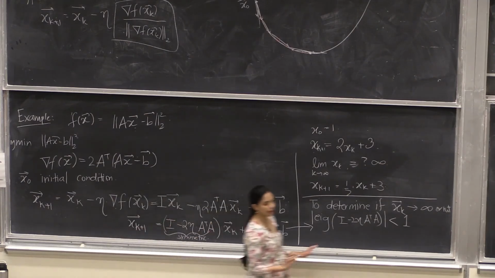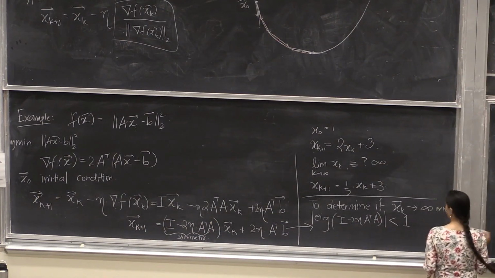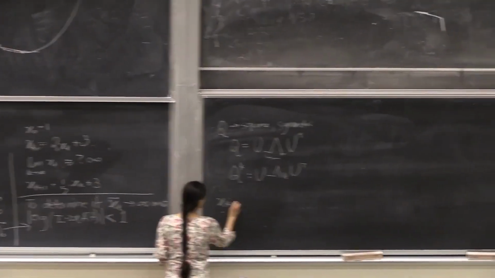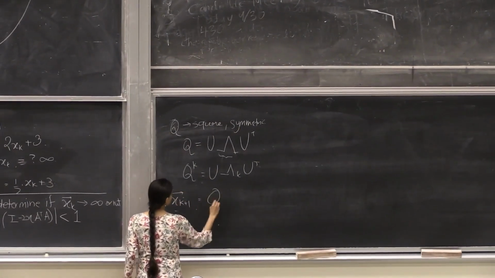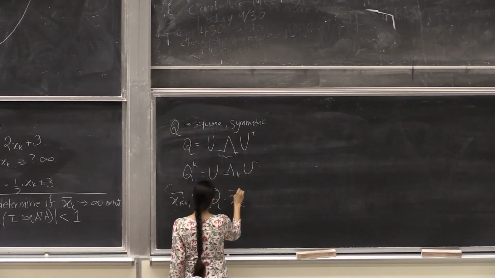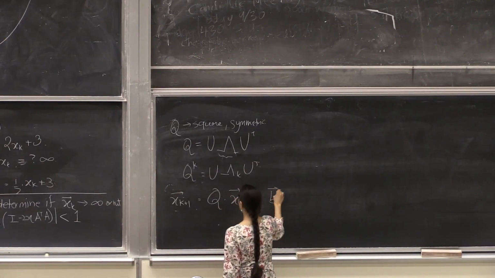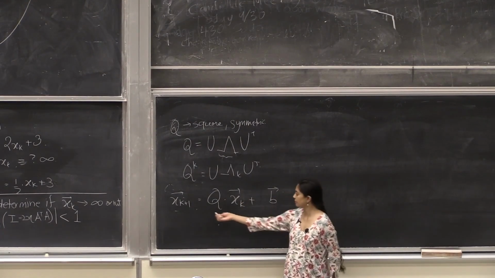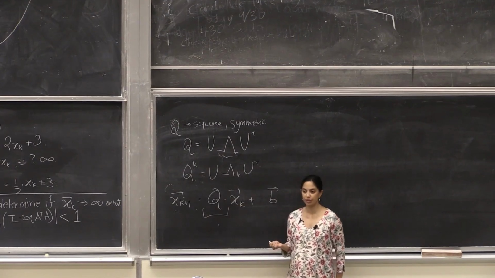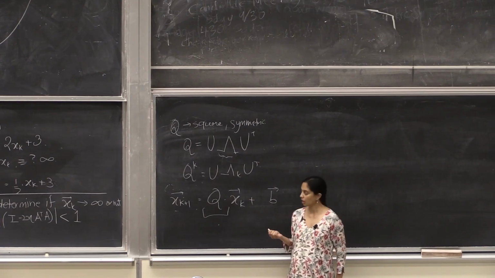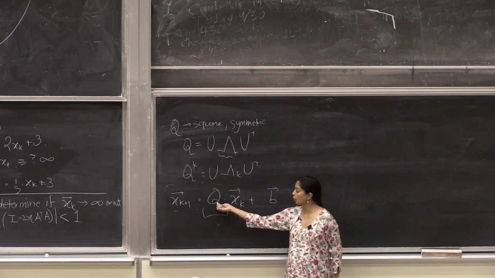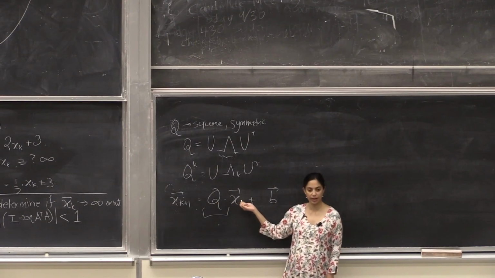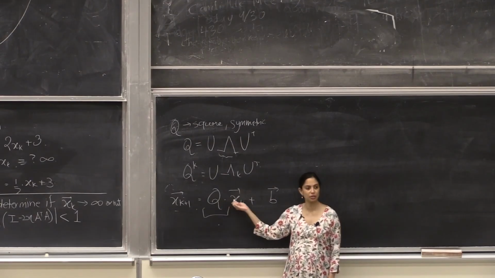So how do the eigenvalues come into play, right? What is this equation? I have x k plus 1 is equal to some matrix Q times x k plus some other vector b. Whether or not this is finite depends on the eigenvalues of the matrix Q. Because whether or not Q times x k is going to be finite, how do I know what Q times x k is going to be? What quantity determines that?